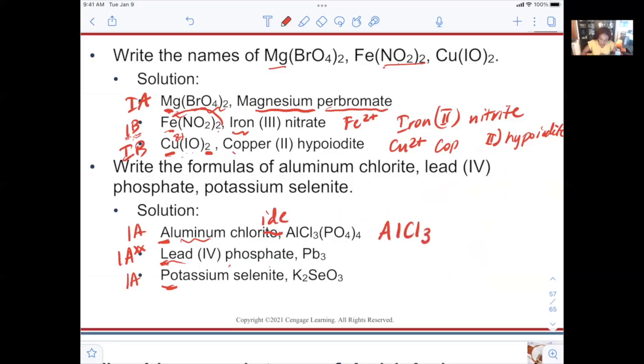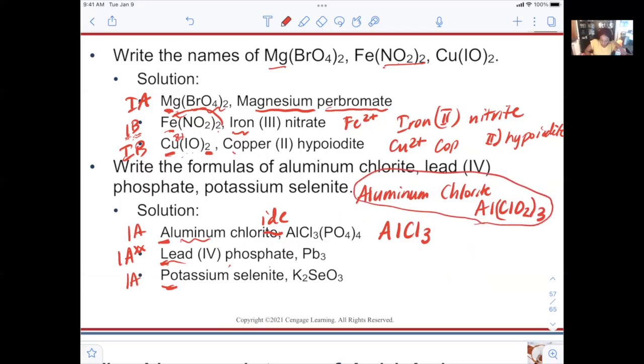If it is chloride, if it's aluminum chloride, then it's going to be AlClO2, 3. Okay, this goes with that. This is messed up here. And then lead 4 phosphate, lead 4 plus, phosphate is PO4, 3 minus.